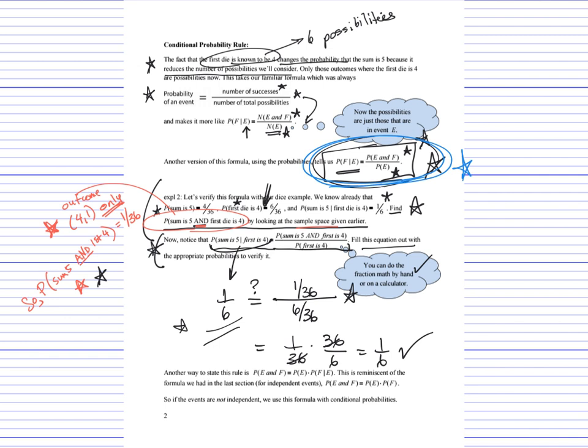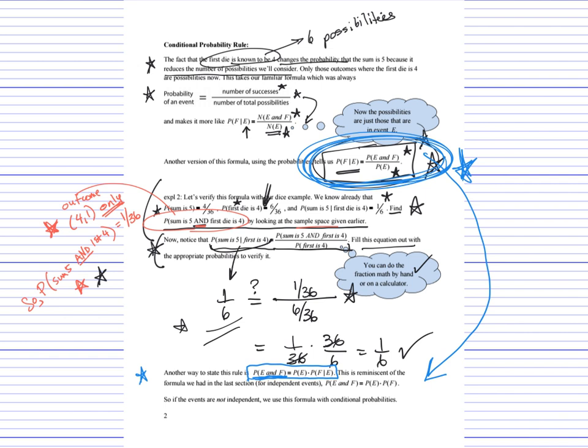Now you'll notice if I take this equation that I just circled up here and multiply both sides by P of E, I get this down here. It's just an alternative way you might see this rule. And it's nice to see because, as it says here in the notes, this has the probability of E and F isolated on the left-hand side.